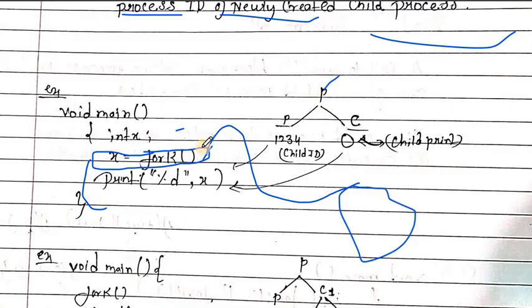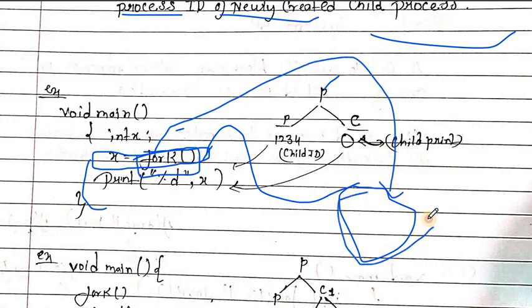In the parent process, fork returns a positive value, which is the child's ID, so x becomes that positive value, for example 1234, and it prints x.